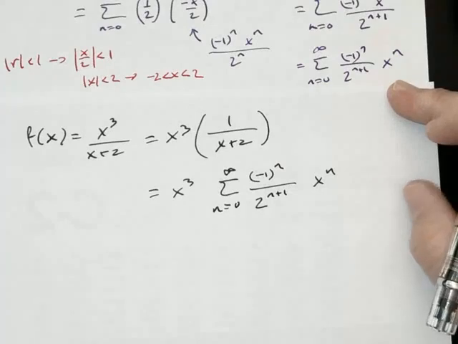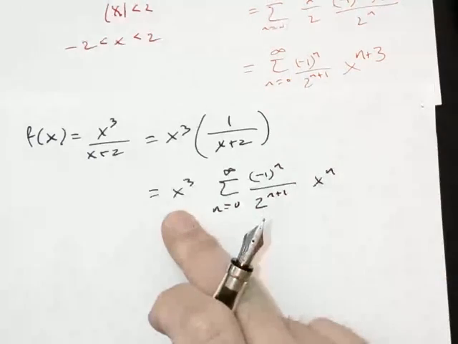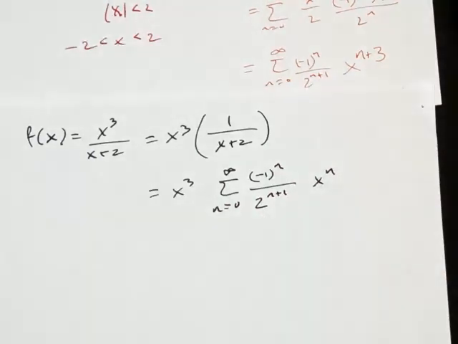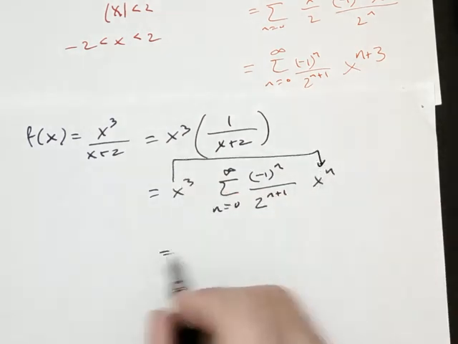I just copied it over. And then what I'm really doing is I'm saying, oh, I want to multiply the x cubed. I want to distribute, because that capital sigma is add all this up. So by the distributive rule, I could multiply the x cubed in each and every one of those terms, and that would increase the power by 3 on each of them. So I just multiply it in here.